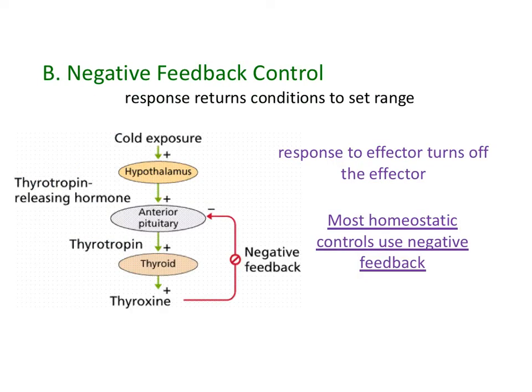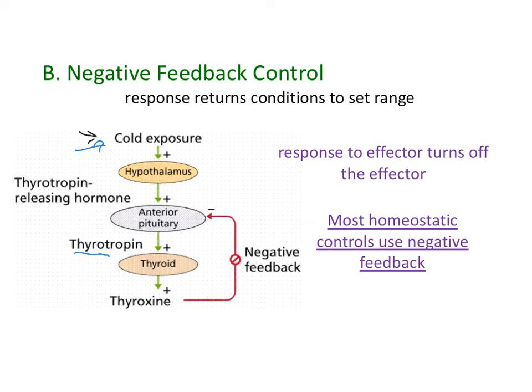The mechanism that we just talked about is known as a negative feedback loop. This is an endocrine example where the body is being exposed to cold. The hypothalamus responds to that by releasing thyrotropin releasing hormone, which stimulates the anterior pituitary to release thyrotropin.